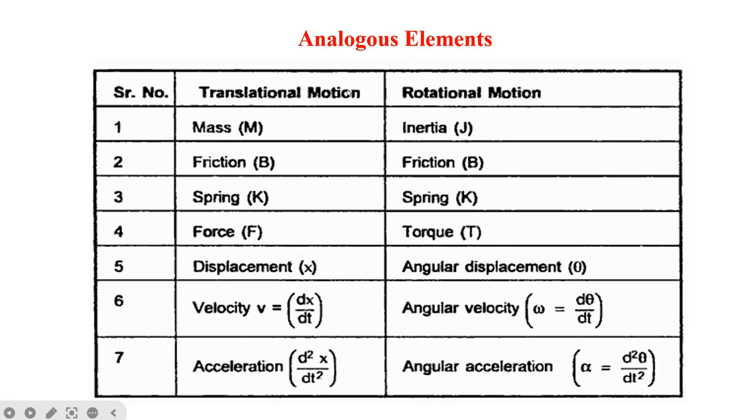Similarly, acceleration in translation motion gets replaced by the angular acceleration. Acceleration is the double differentiation of the displacement x, and angular acceleration alpha is equal to the double differentiation of the angular displacement theta.